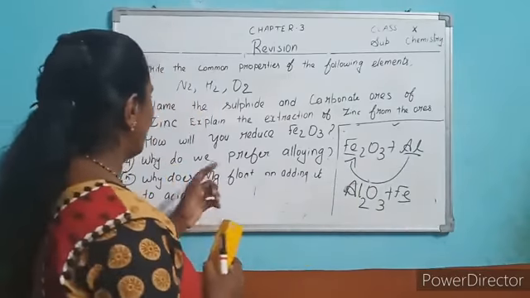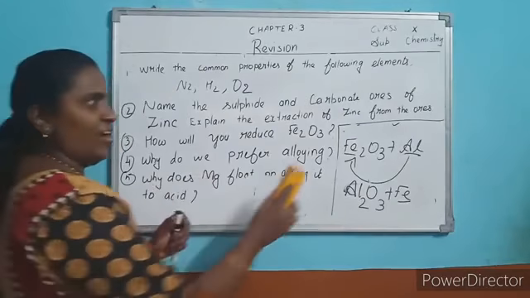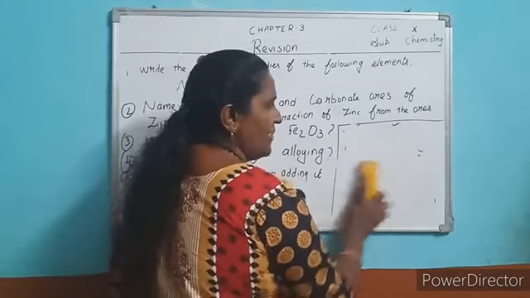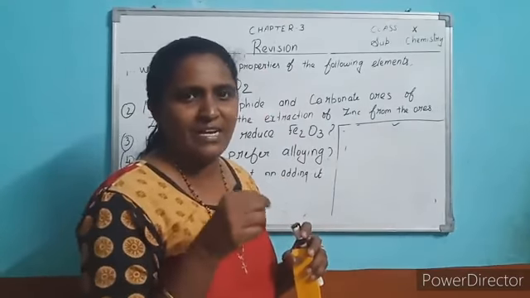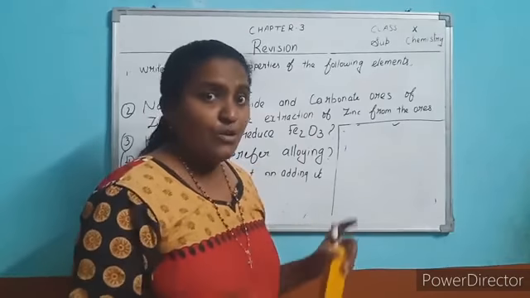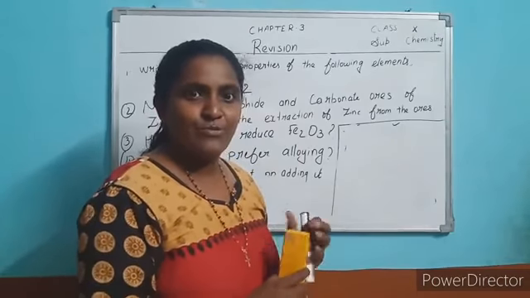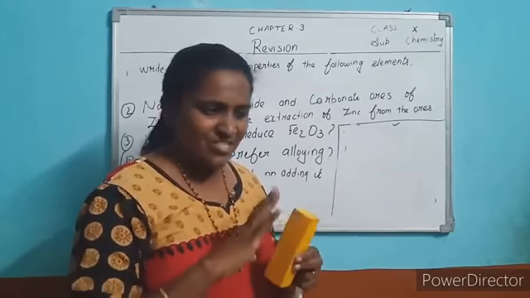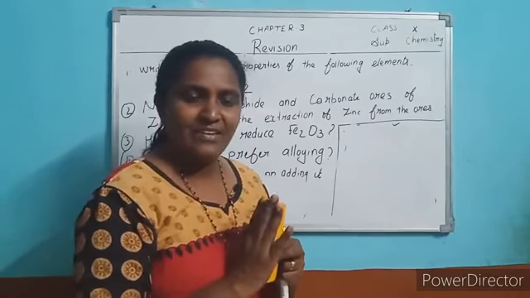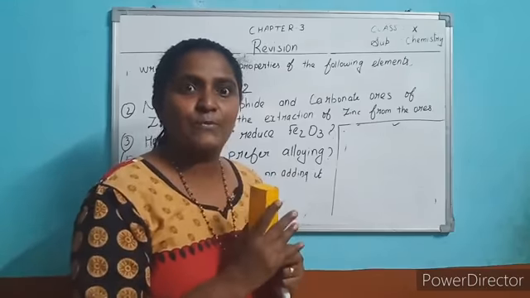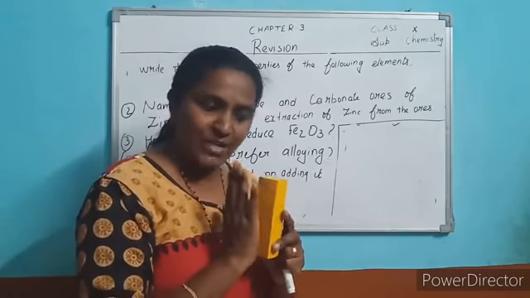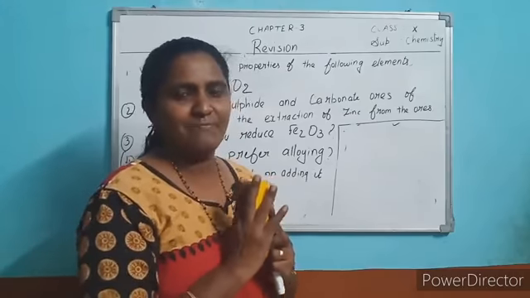Understood? The next question is, why do you prefer alloying? You know, alloy means mixing of one or two metals and non-metals, mainly carbon as the non-metal. Why do they go for alloying? To improve the shining property, and they don't rust. Alloys protect the substance from rusting.